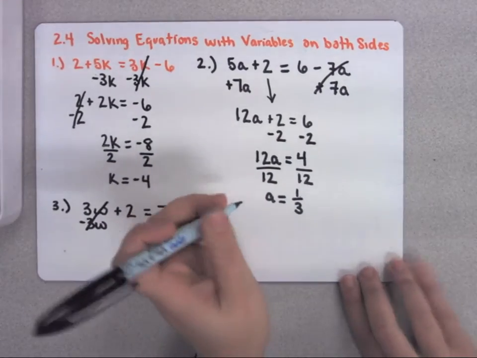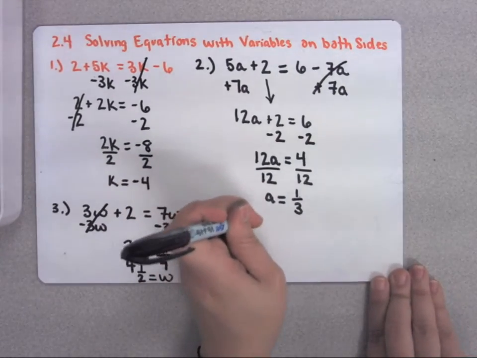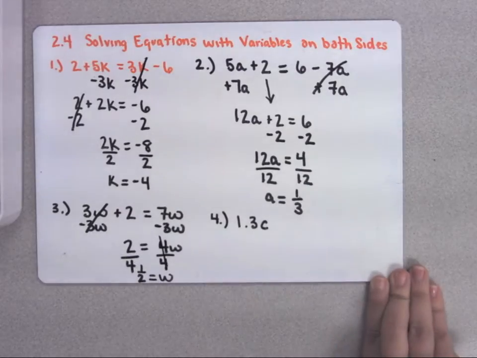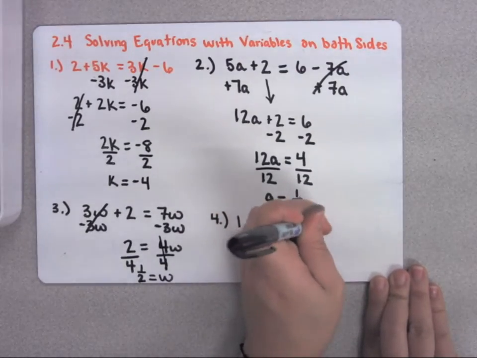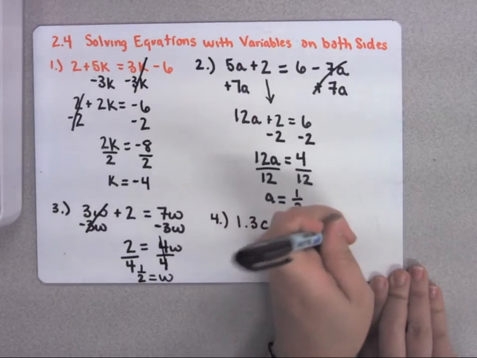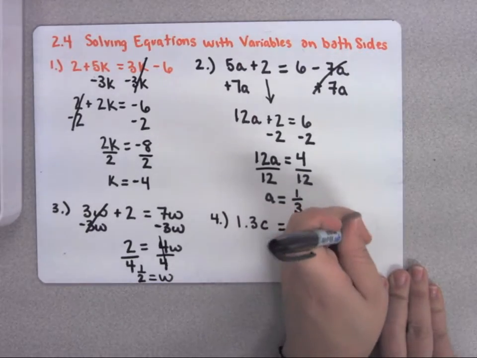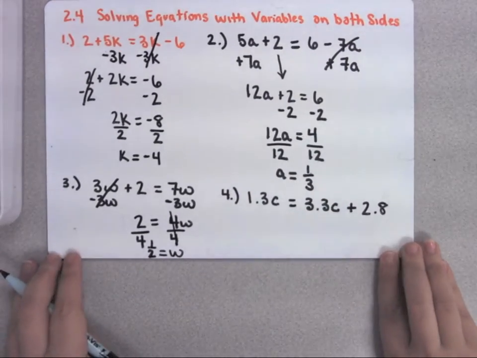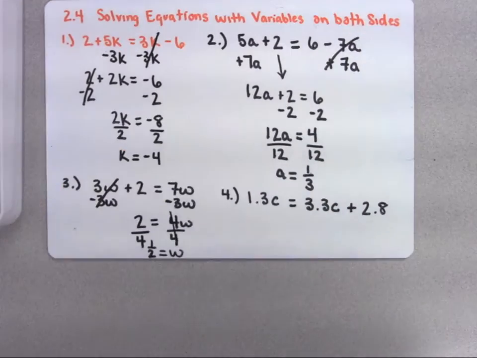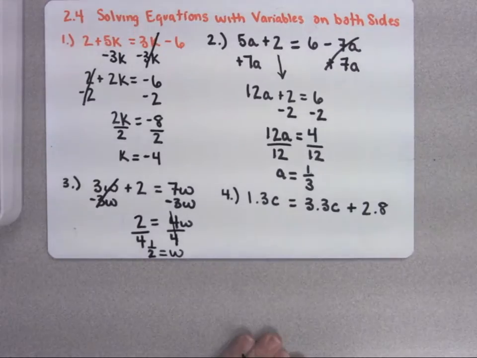What is different about this one? 1.3c equals 3.3c plus 2.8. What's different about this problem?